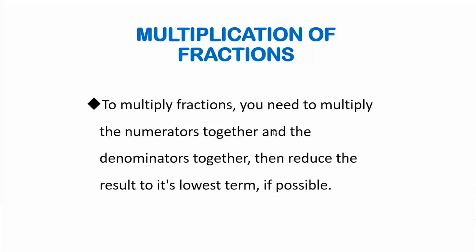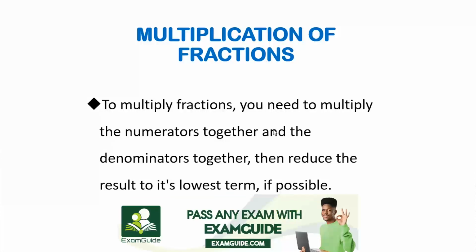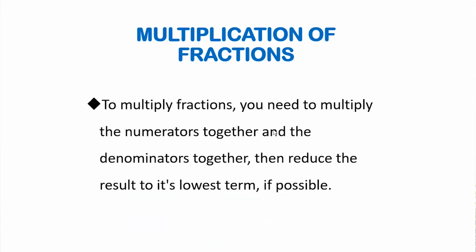If you are given two fractions, the two denominators multiply themselves. If you are given 10 fractions, for example, and they are all multiplying themselves, it means the 10 numerators will multiply themselves, and the 10 denominators will also multiply themselves.